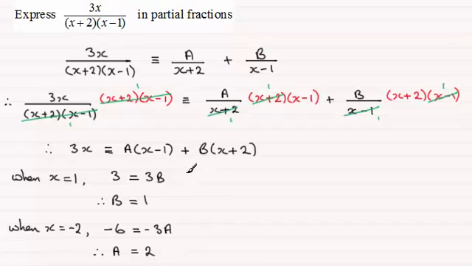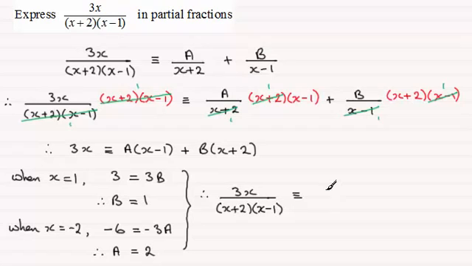2. So we can put these results together for A and B and say that therefore we've got our fraction here. Let's just copy it in again. 3x divided by (x + 2)(x - 1), and this fraction is going to be identical to the constant A over x + 2.